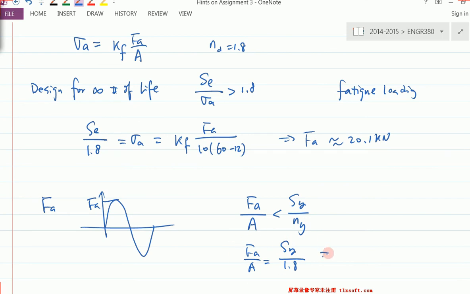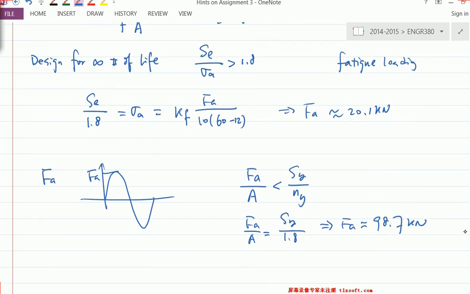And the Fa turned out to be 98.7 kilonewton. So this is the maximum that you can use under static loading, and this is the Fa maximum you can use under fatigue loading condition. Apparently, you're going to use the max, this guy here, because it's bigger than that. So this is going to be your choice here, the maximum loading condition.